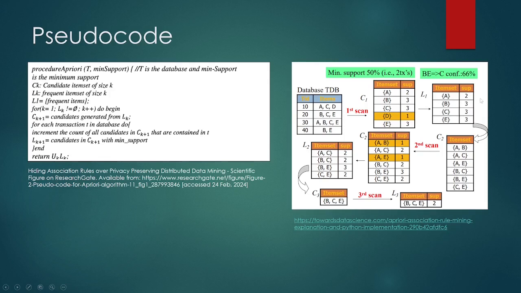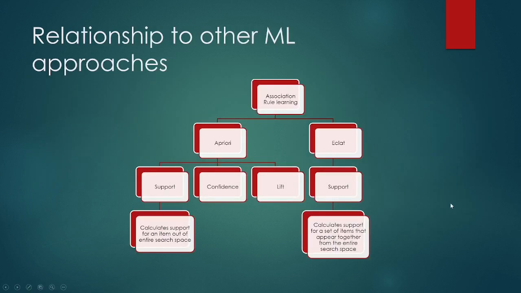Now we will create the superset out of this item set and perform the same operation until we reach our desired number of item associations. Remember, we had K.